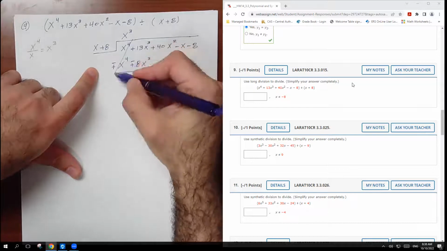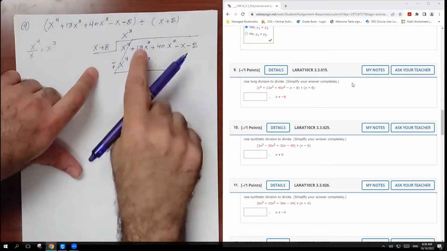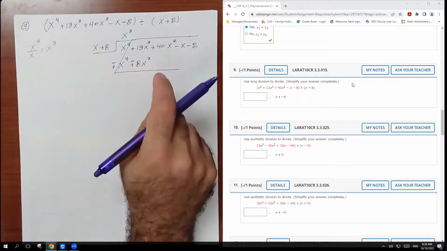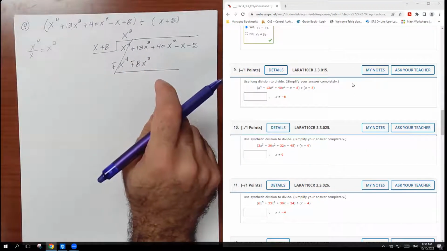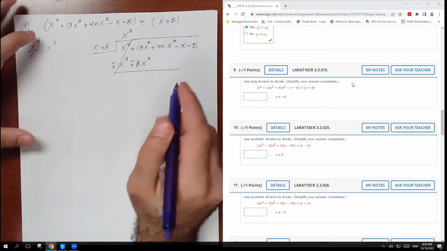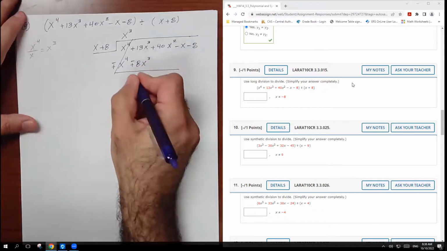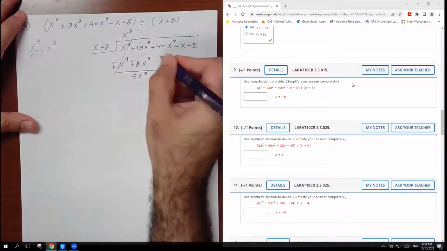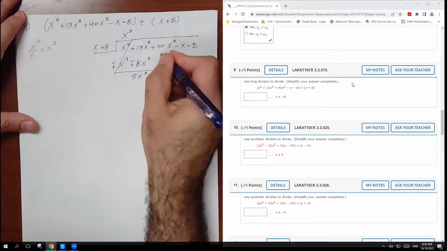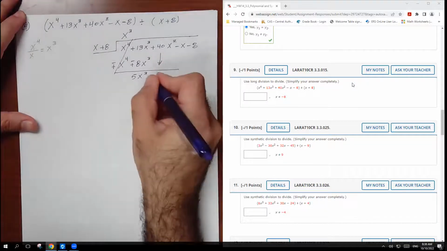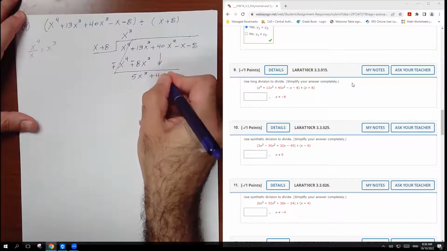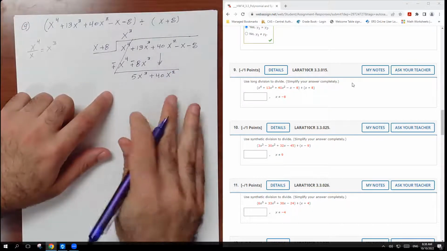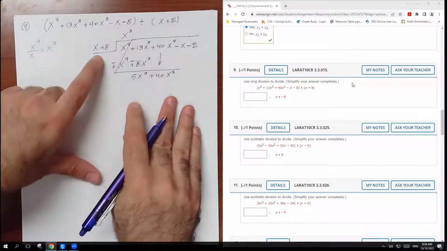That means this one is going to be 0. 13 minus 8 is going to be 5x to the power 3. Now, next step, I'm done with this one. I'm going to write down plus 40x squared.